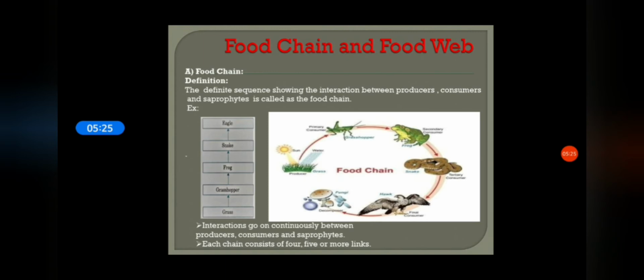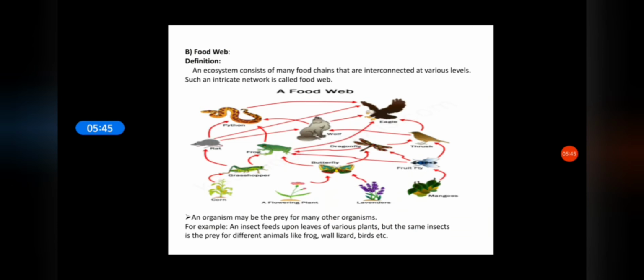Such interactions go on continuously between biotic factors in any ecosystem, and this is called a food chain. Also, each food chain consists of 4, 5 or more links, and that results in the formation of the food web.